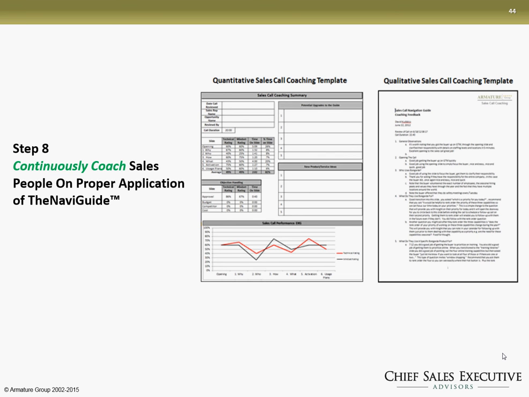The second approach is qualitative sales call coaching, which usually occurs after a sales rep has adopted TheNaviGuide. And it is the qualitative sales call coaching approach that is easier and faster to get through and a more simplified version for the reps to absorb.